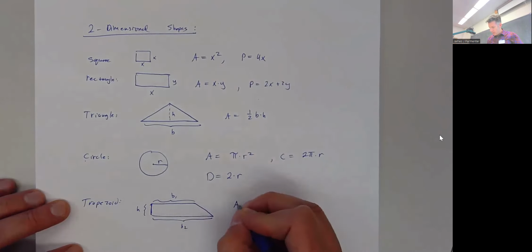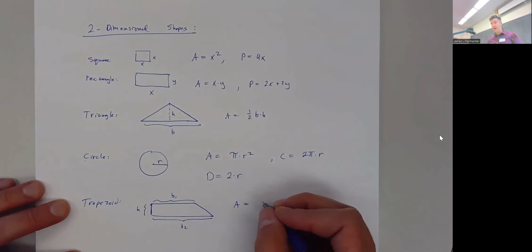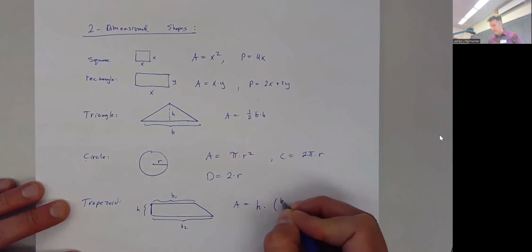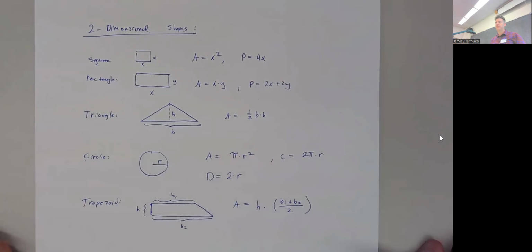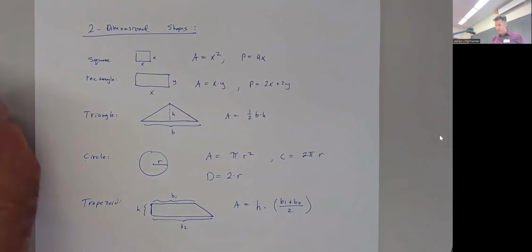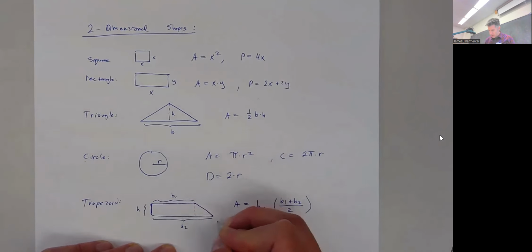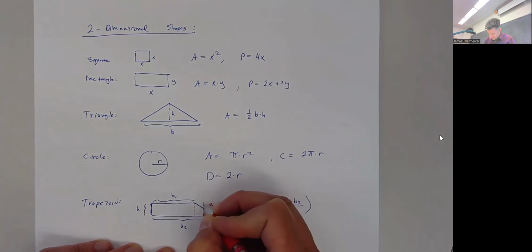then the area of the trapezoid is equal to, I always like to think of it as, the height times the average of the bases. Because really you could think of literally taking this little section here, cutting it in half, and taking this little triangle here and flipping it around to go right there.